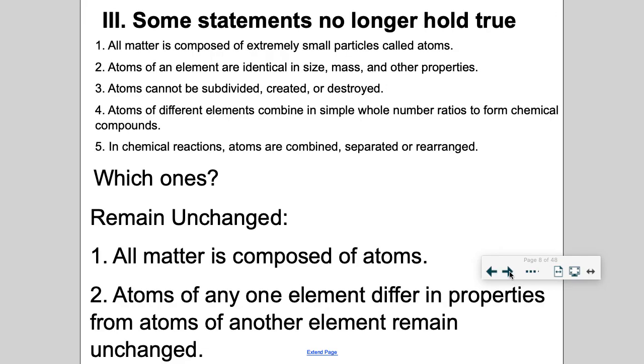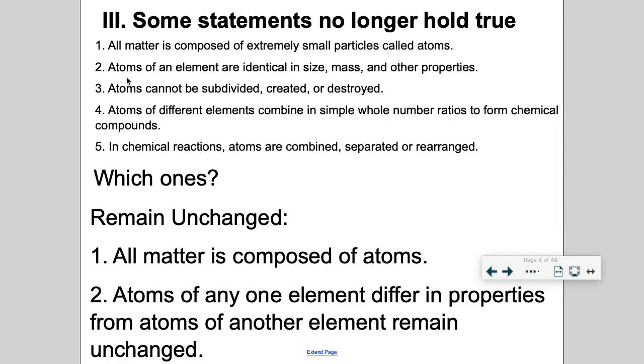Okay, now of John Dalton's atomic theory, some of these statements no longer hold true anymore. Not all of his statements are proven to be correct. We know today that atoms are divisible into even smaller particles, right?